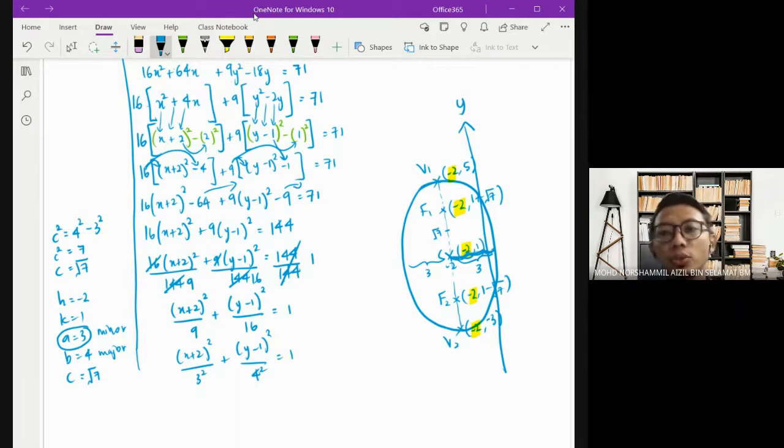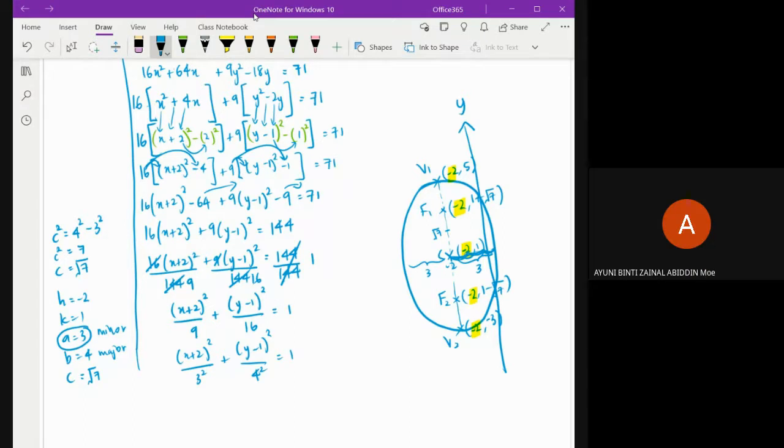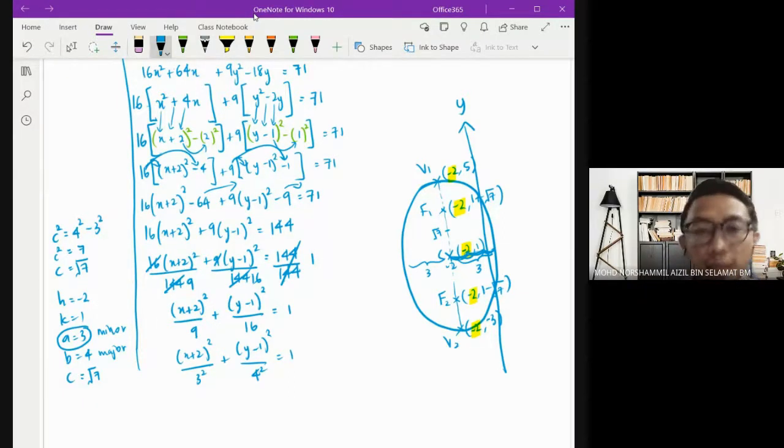Okay. So where is your x axis? Where does the x axis sit? In between which points? Let's look at the height, guys. 1 minus root 7, is it negative or positive? Tell me, where is your x axis? Between C and F2.